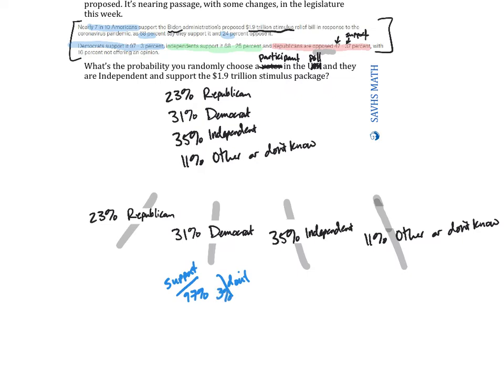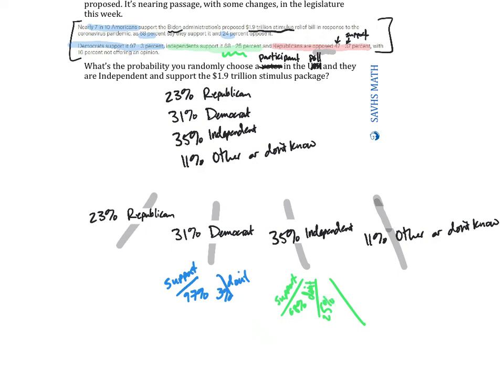If you were an independent voter, there are actually three options here because if you look, these don't add to 100. So this was 68, so this was support. This was don't, and that was 25.